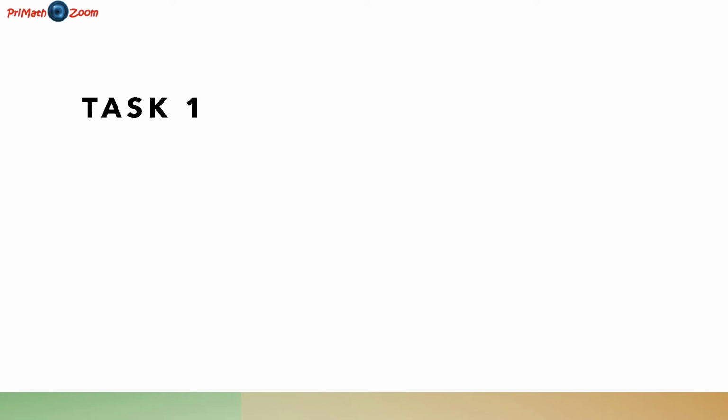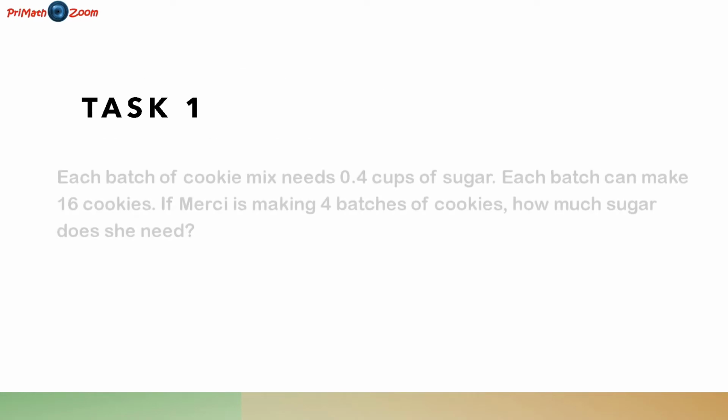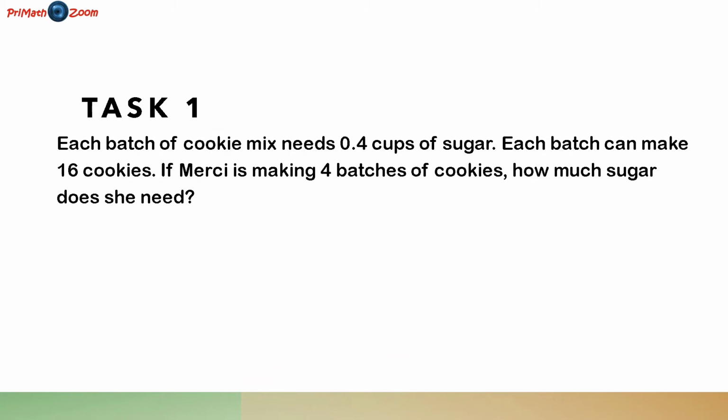So let's look at our first task. Each batch of cookie mix needs 0.4 cups of sugar. Each batch can make 16 cookies. If Mercy is making 4 batches of cookies, how much sugar does she need?